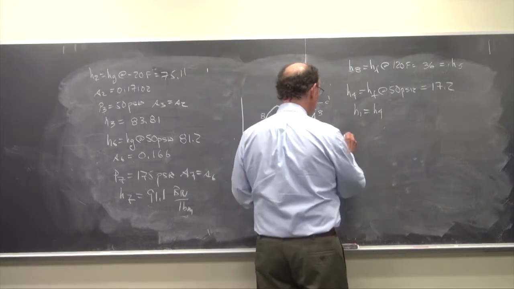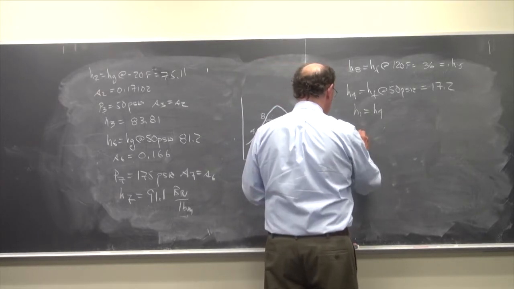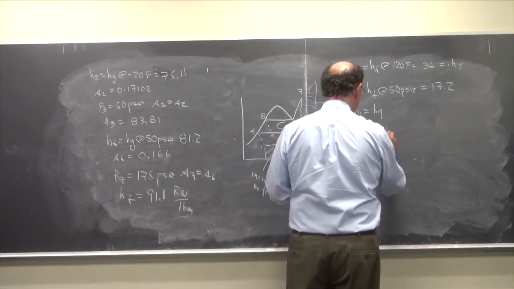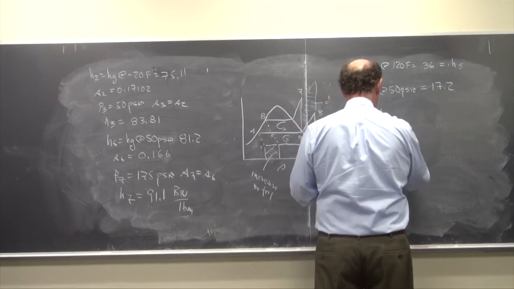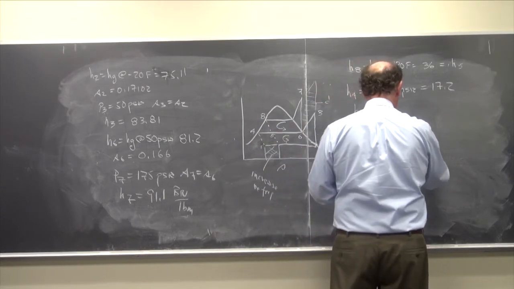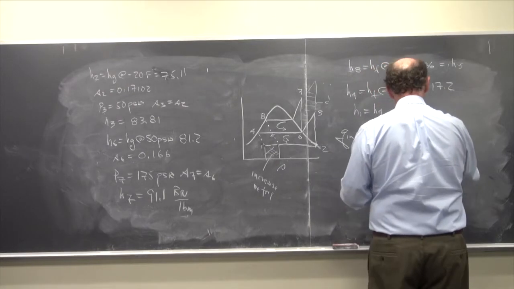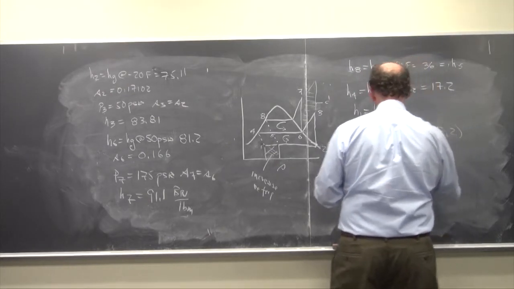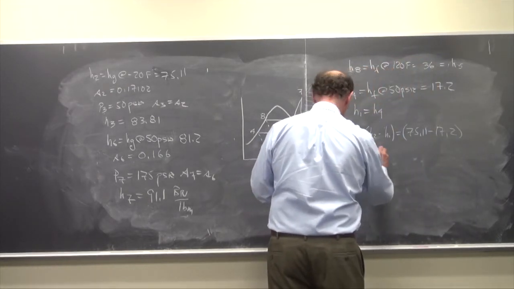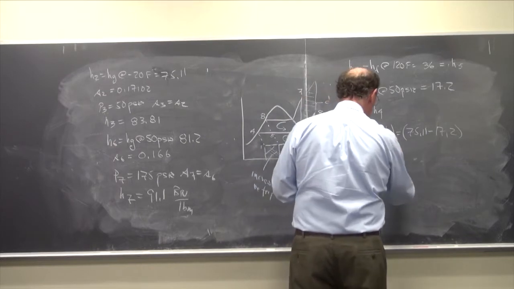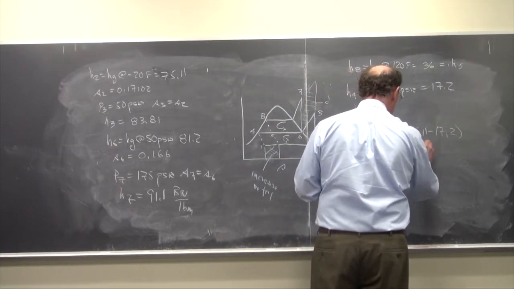So I can find Q_in is equal to H2 minus H1, which is 75.11 minus 17.2. So Q_in is equal to 57.9 BTUs per pound mass.